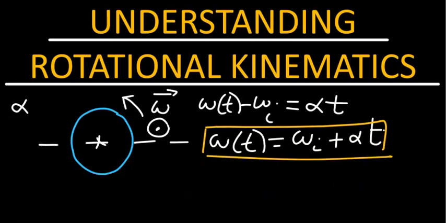Now let's look at the second equation of kinematics. This involves the angular coordinate. Now we know the angular coordinate is related to the angular speed in the following manner. The rate of change of that angular coordinate with respect to time equals that angular speed, or angular velocity. Angular coordinate is measured with respect to some reference line.